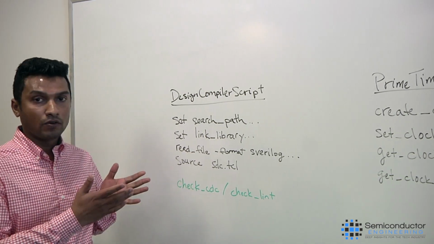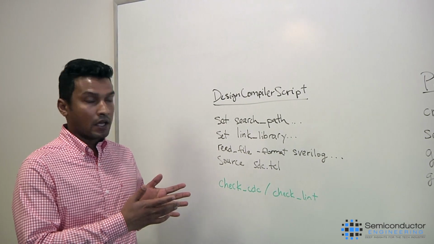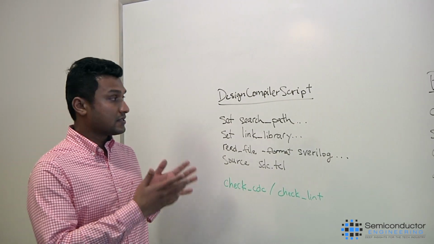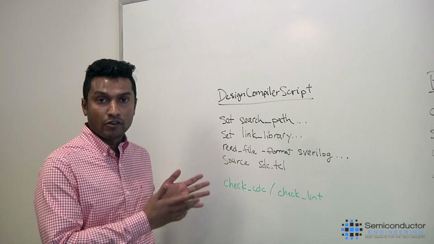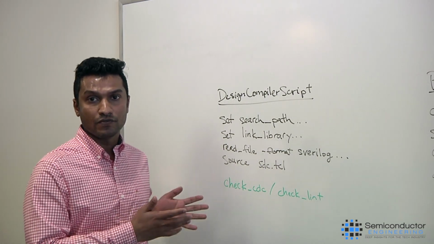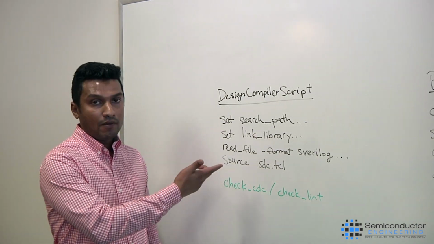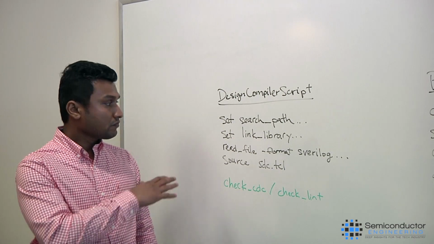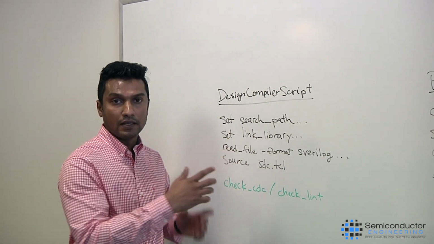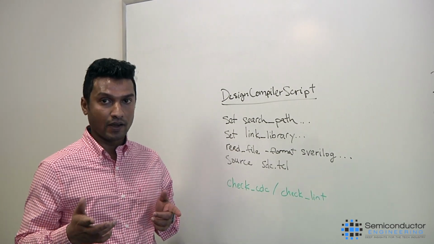Okay, here we are looking at a typical Design Compiler script. So what we are explaining here is you can reuse the same Design Compiler script that you have already built in your flow for static verification using VC SpyGlass. If you see this script, you will have different commands. You have set search path and you provide the list of paths where you want to read design files and DB files.